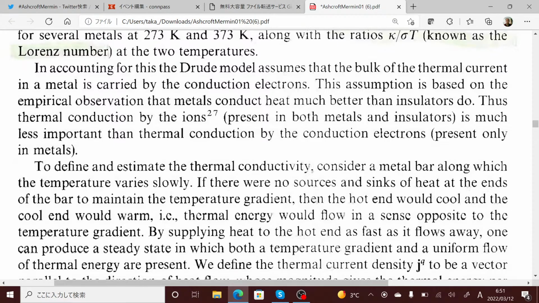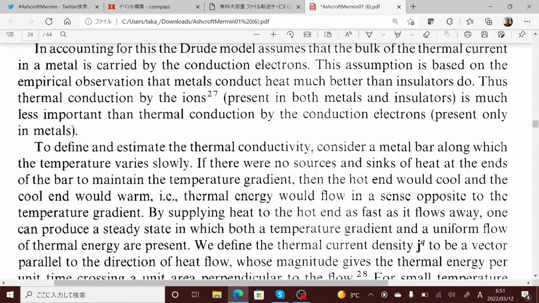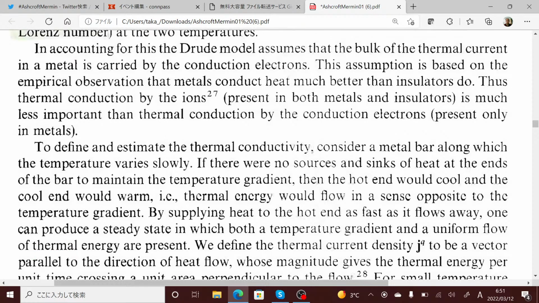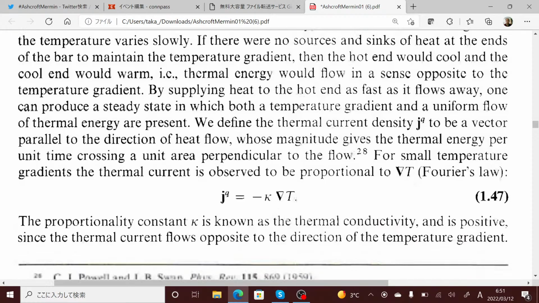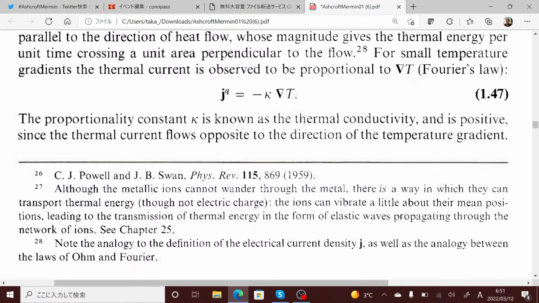Thus, thermal conduction by the ions present in both metals and insulators is much less important than thermal conduction by the conduction electrons present only in metals. 27.